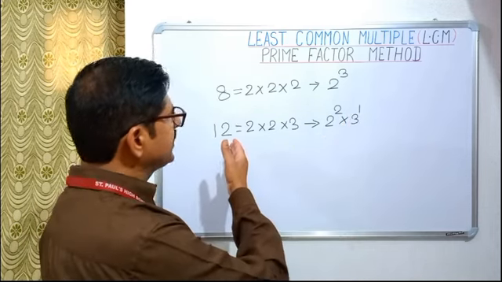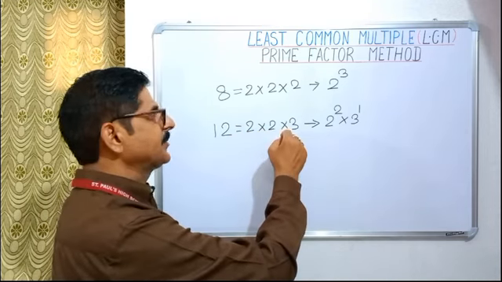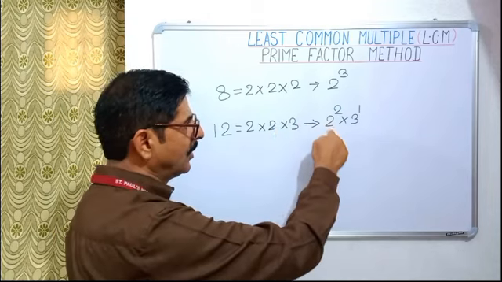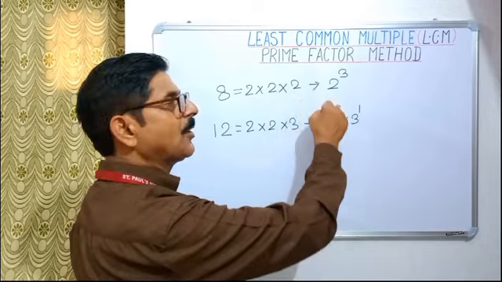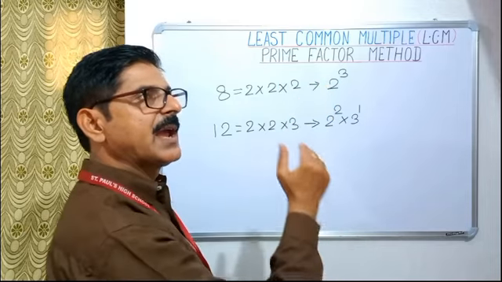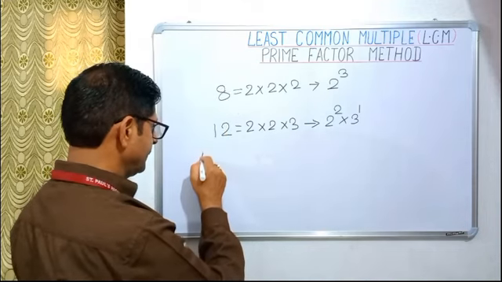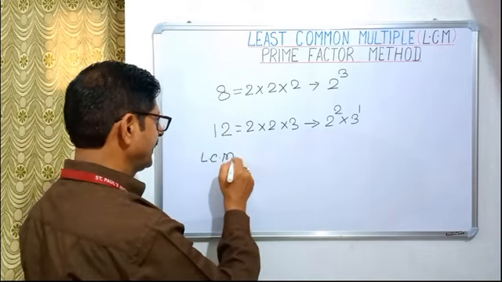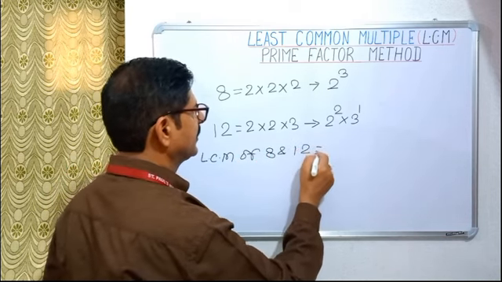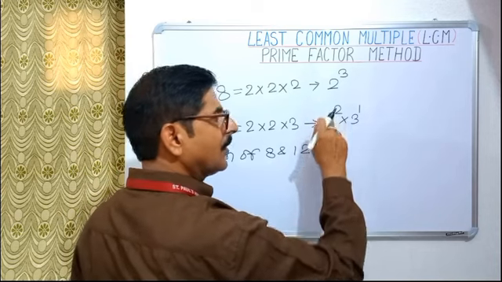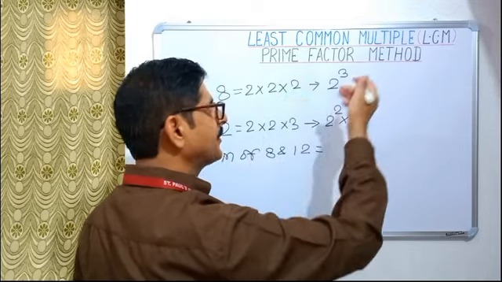Now the LCM of the given numbers, how do we get it? The LCM of the given numbers is the product of all the factors with maximum or highest power, that is, appearing the maximum number of times. Here LCM of 8 and 12 is equal to the factor taken the maximum number of times.